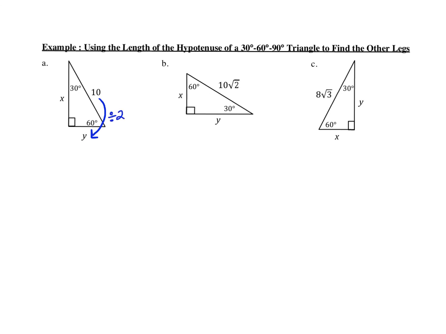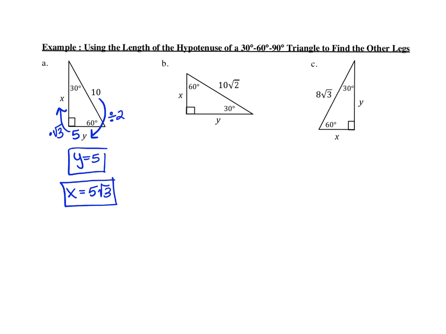So that's pretty easy. 10 divided by 2 is 5. So if y is 5, to get the medium side of the leg, we are going to multiply by root 3. So then your x is going to be 5 root 3, because 5 times root 3 is just 5 root 3.